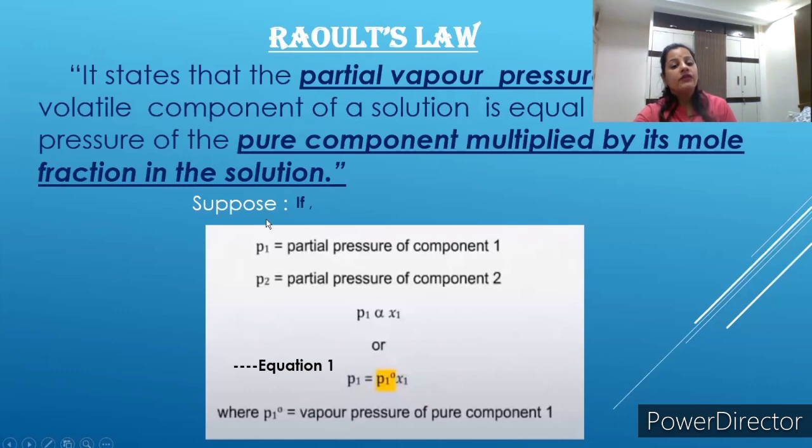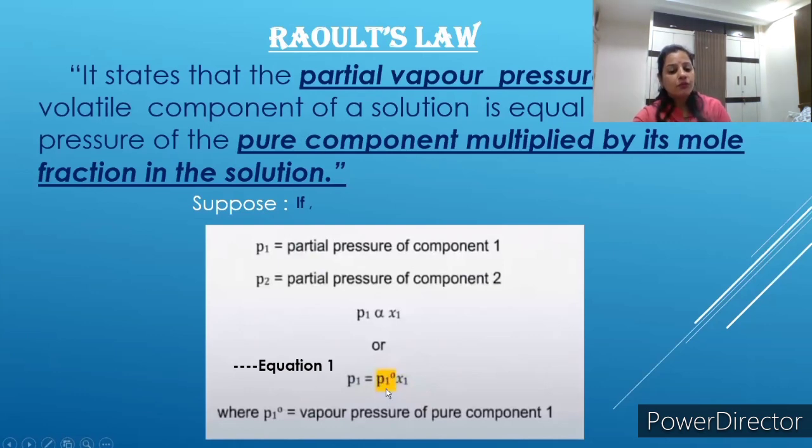Let us derive it. Suppose P1 is the partial pressure of component 1 and P2 is the partial pressure of component 2. Now, according to Raoult's law, the partial pressure of a component, P1, is equal to the vapor pressure of the pure component. I am denoting it by P1 naught.